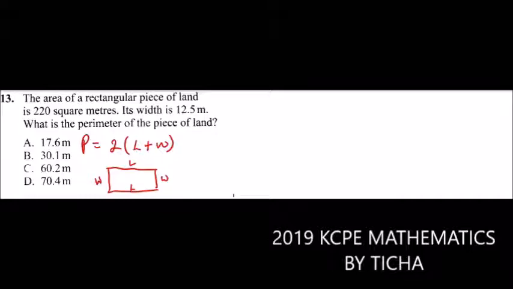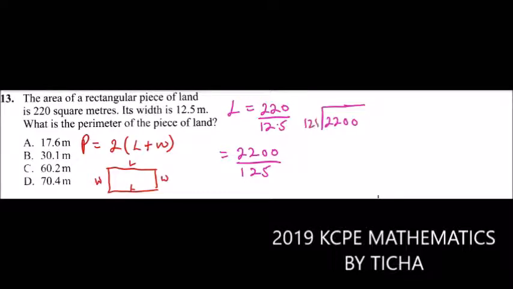Since we have been given the area, we need to divide the area by the width to get the length. So length is equal to 220 divided by 12.5. To be able to do this, we multiply both sides by 10. So this will give us 2,200 divided by 125. You divide these two numbers: 2,200 and 125.